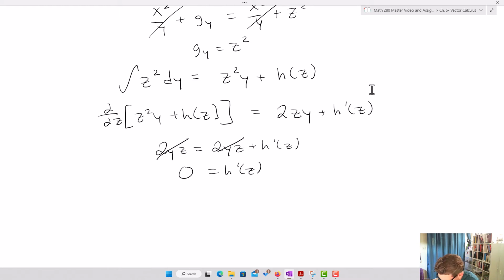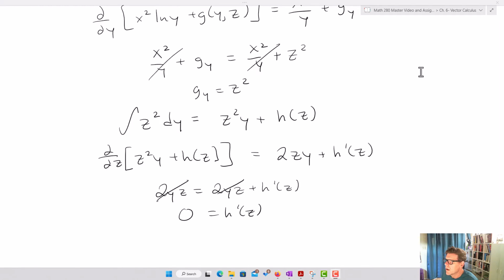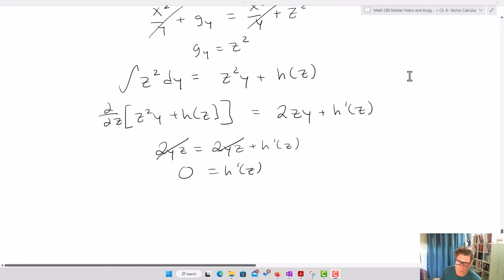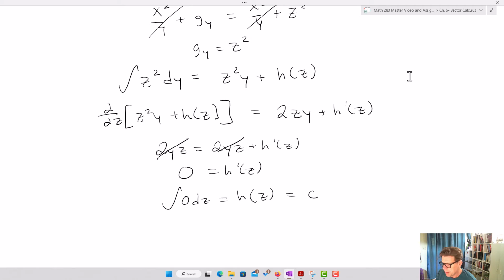So we'll integrate, and this is just going to give me a constant. As I stated before, the constant drops off when we actually use our function, so we don't need to use the constant.